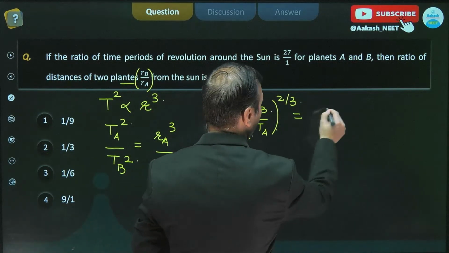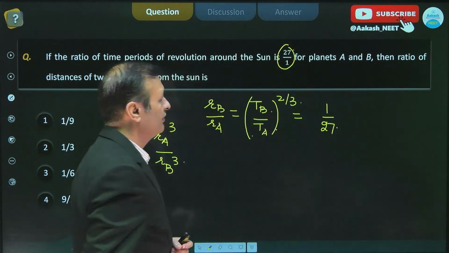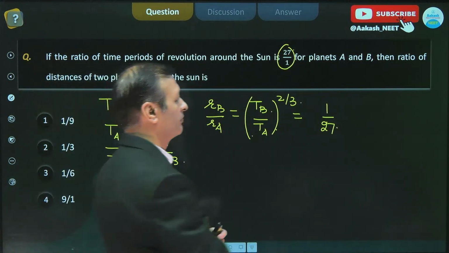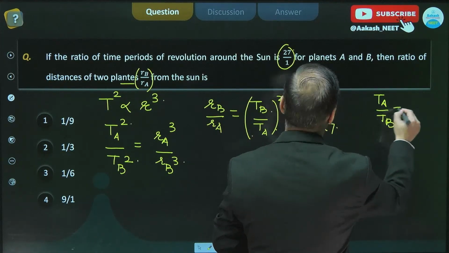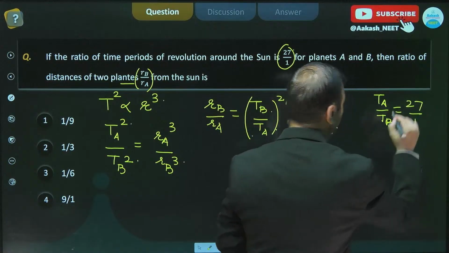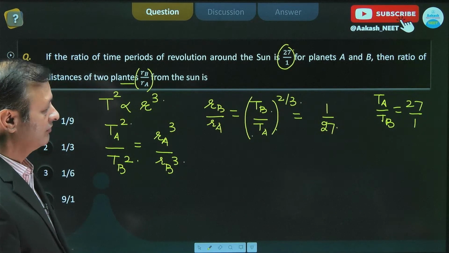Because you are given TA by TB as 27:1, but we are taking the reciprocal or the reverse ratio.